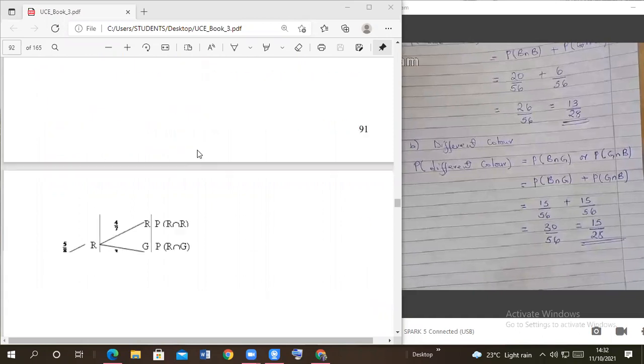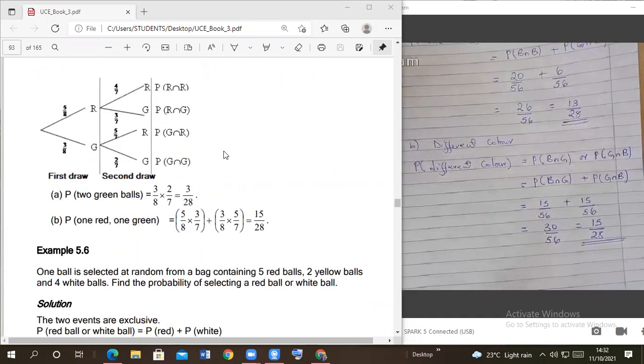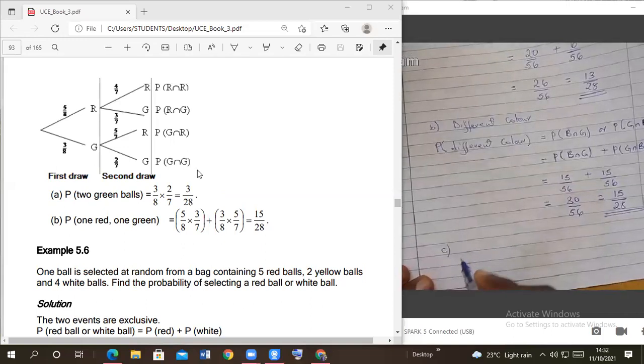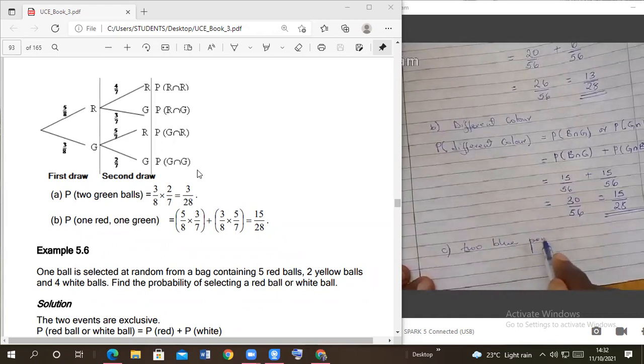Any questions so far? Members, any questions so far? Here they can also ask, let's look at part C. What's the probability of picking 2 blue pens?